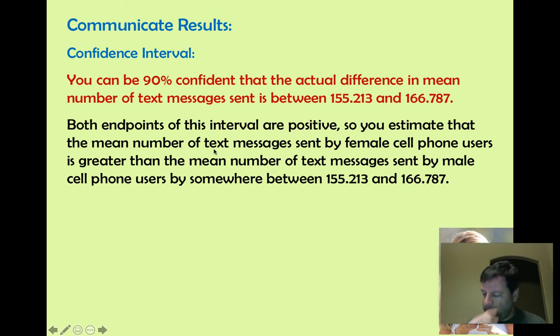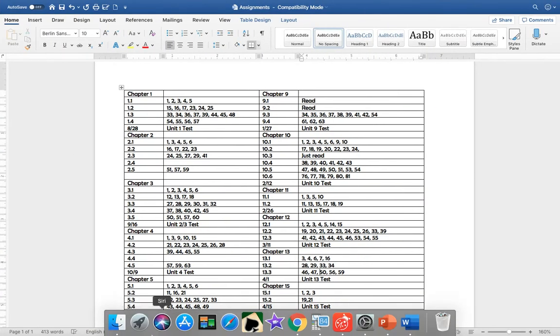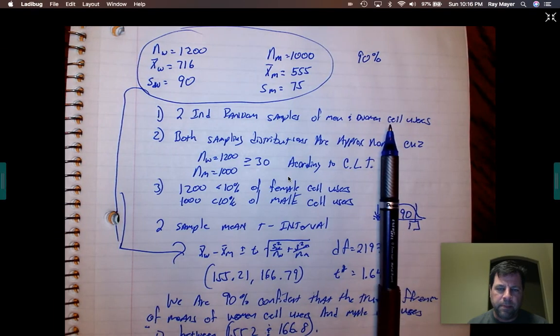Let's go back, right? If you flip-flop those by some chance, remember we talked about this. If we flip-flop this, then you would have gotten two negative numbers, negative 166 and negative 155. Either way, that would have told me that women speak more than males because the second number is bigger than the first number.